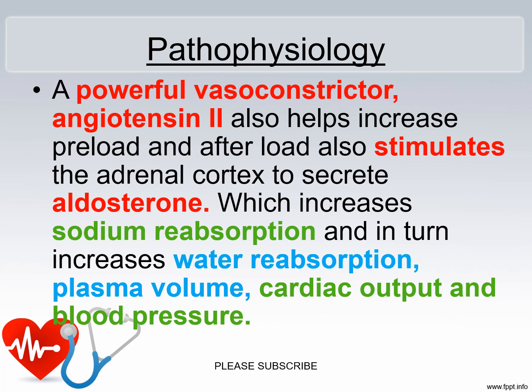Okay, so sodium will be reabsorbed in the renal tubules, that is the proximal tubule, the distal convoluted tubules, and all that. So there will be sodium reabsorption. Now sodium reabsorption will cause water reabsorption. Okay, now the water reabsorption will increase the plasma volume, thereby increasing blood pressure. Okay, it will also cause cardiac output to increase as well as the blood pressure.